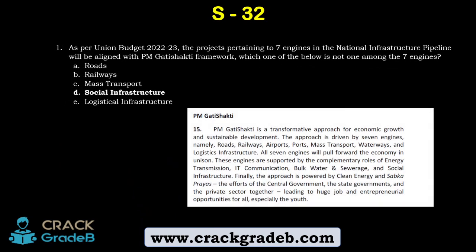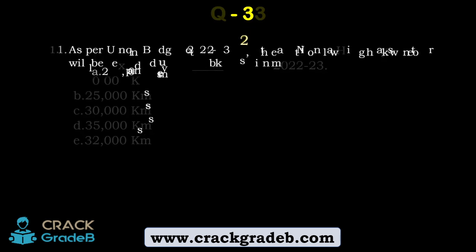The correct answer is social infrastructure. If you go through it, you can answer it. See, what are the 7 engines? Roads, railways, airports, ports, mass transport, waterways, and logistical infrastructure. These are the 7 engines. So now can you afford to forget this? Absolutely not. Let's move forward.